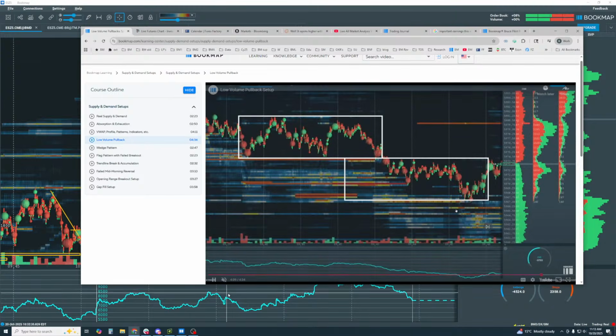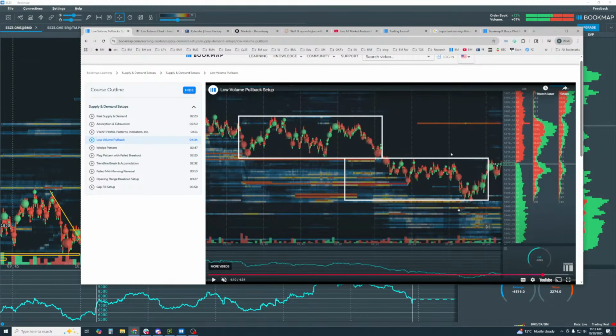Okay, so this range in here is where we broke out from on heavy selling. Then we see a pullback. This was it here. Down into it did the measured move, and that's what we're looking for.